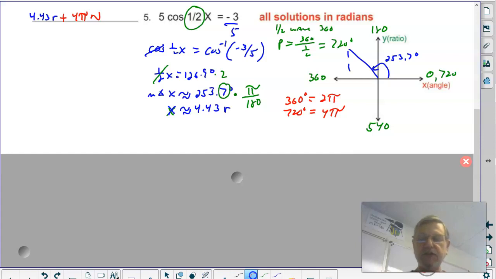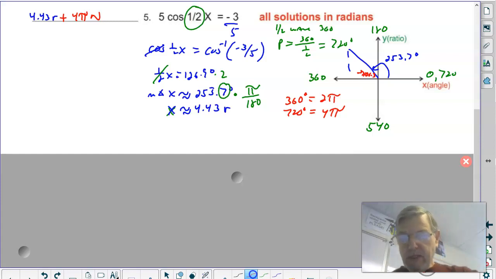Okay, that's the first angle. Remember, we have 2 within this normal period of 0 to 720. So let's find the second one. This requires knowing the reference angle. 360 minus 253.7, and that's 106.3.